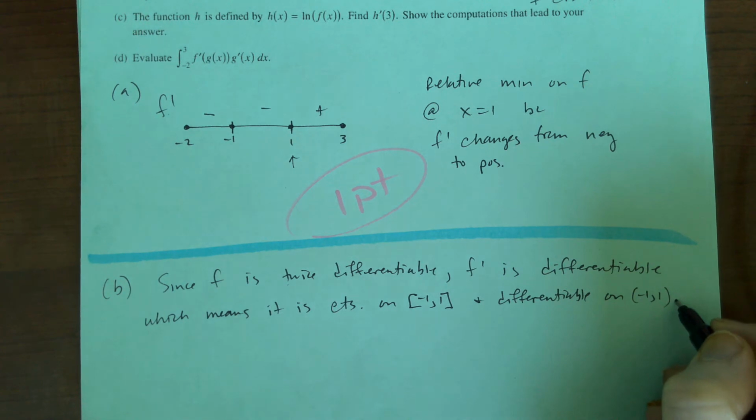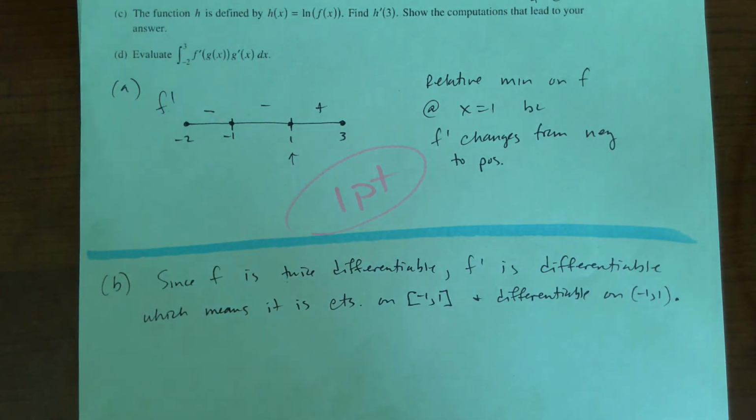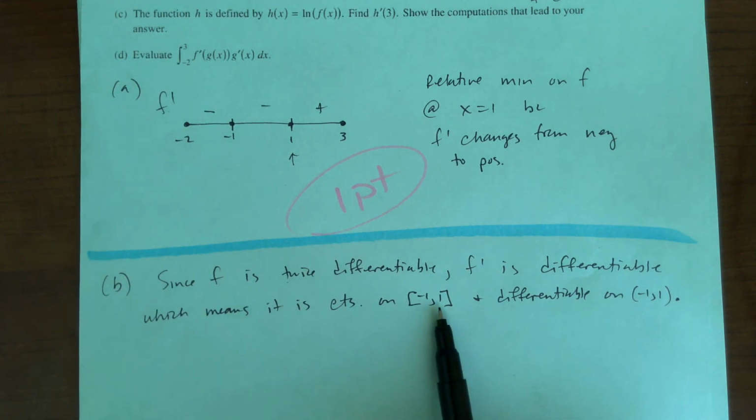Okay, now what the mean value theorem says, guys, is that at a certain point within this interval, the derivative is equal to the average rate of change. So I'm going to now state the average rate of change of the derivative on this interval.